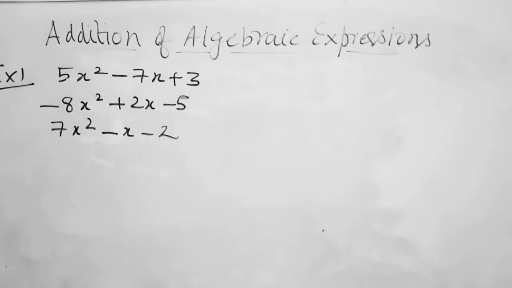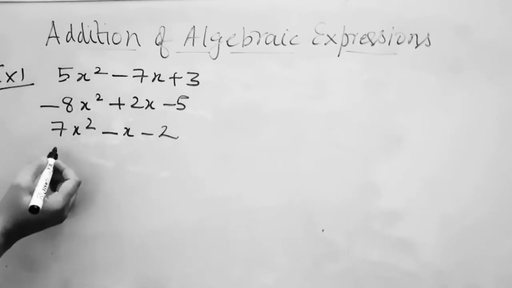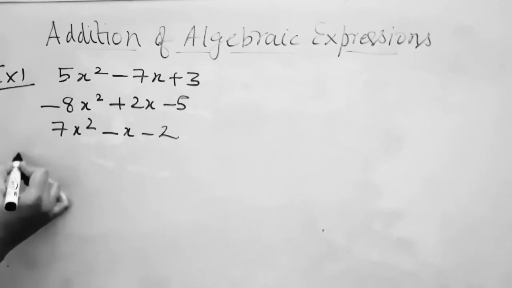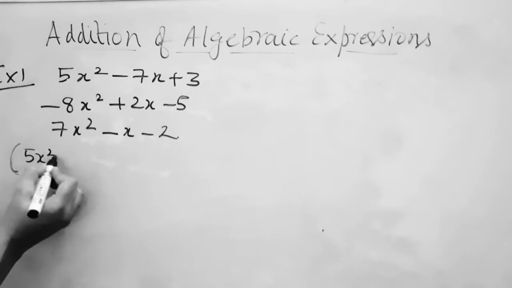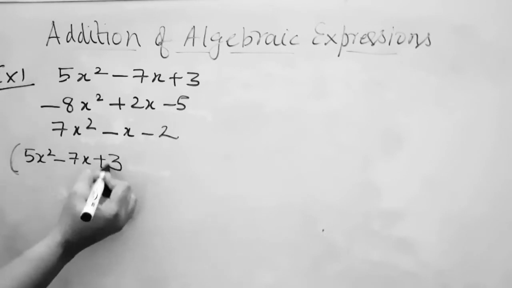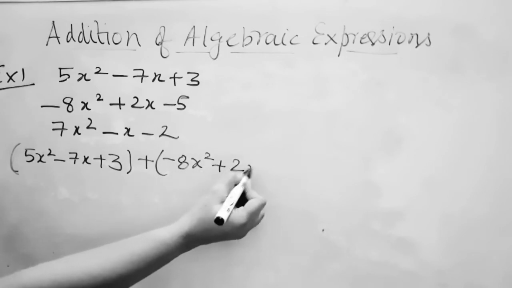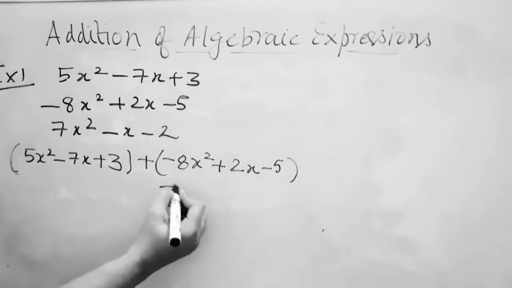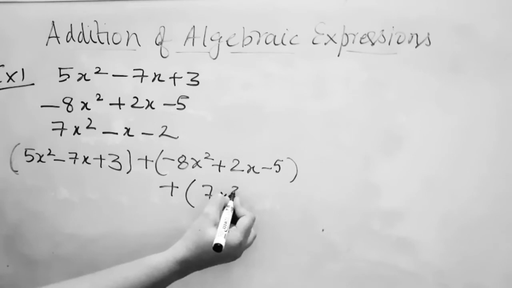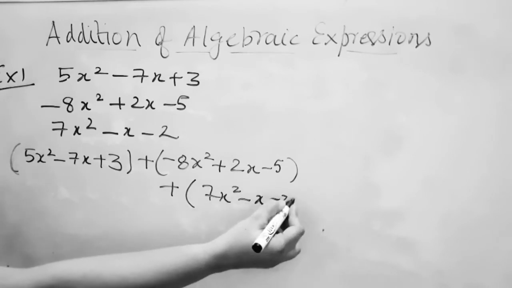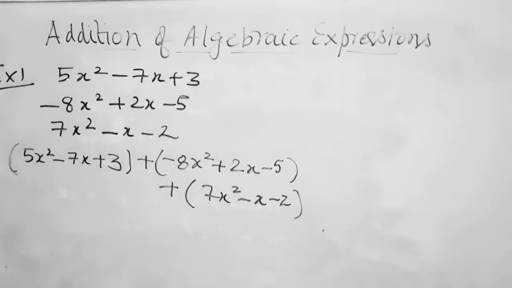So how will we add these 3 algebraic expressions? Since all the 3 algebraic expressions are different, we will keep each algebraic expression in a bracket: plus, within bracket, minus 8x square plus 2x minus 5, again plus, within bracket, 7x square minus x minus 2, and bracket closed.